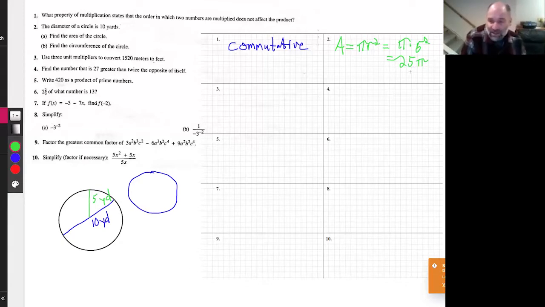You can leave it like that, or I think it's 78 point something? If you multiply it by 3.14, you can do that. You'll just need the little curvy equal sign, which means approximately. Let me just figure that out real quick here. Yeah, 78.5, right?